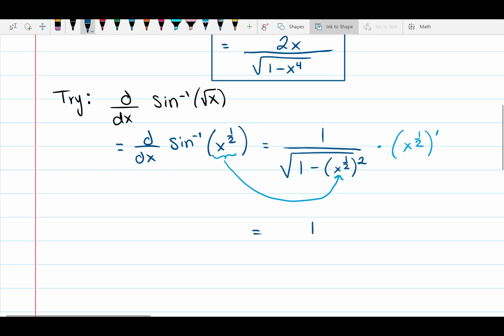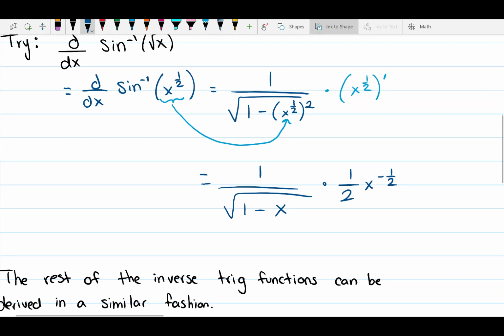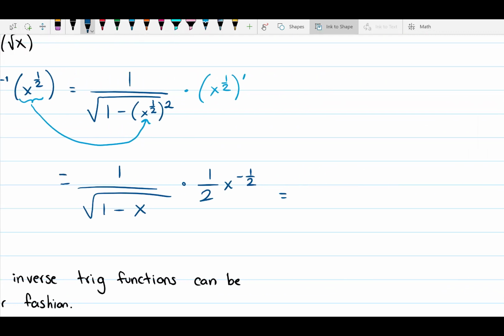So here we're going to get 1 divided by the square root of 1 minus x to the 1/2 squared, which is just x, times 1/2 x to the negative 1/2. So from here you're going to get 1 divided by the square root of 1 minus x times 1 over 2 x to the 1/2.